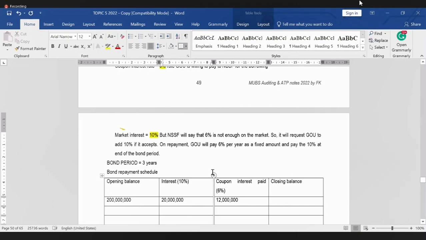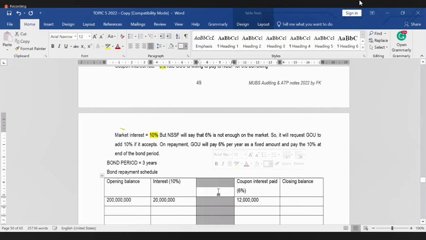So meaning the total outstanding amount here will be 220. But out of 220, they only pay 12 for that year, meaning the remaining is 208 as the balance, which they bring to the next year.